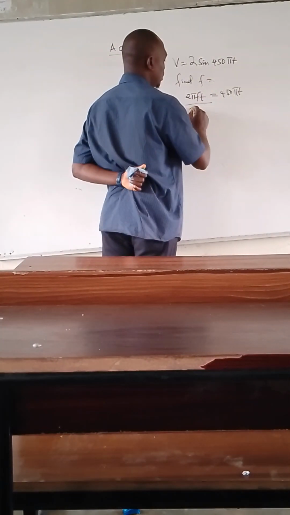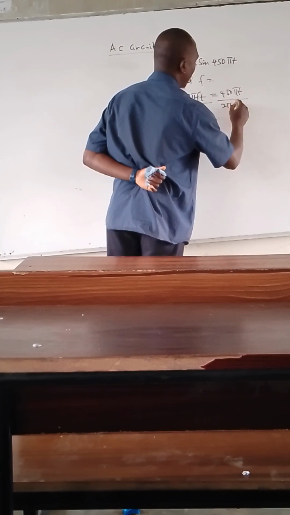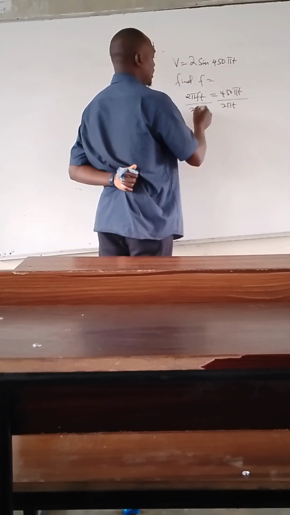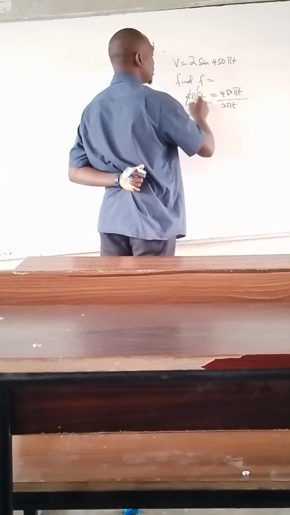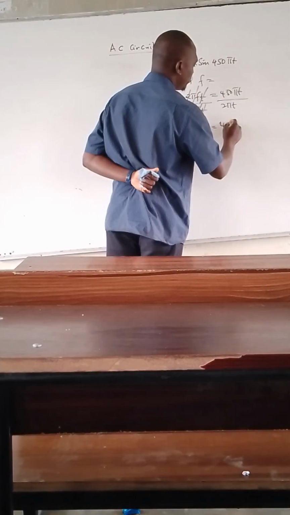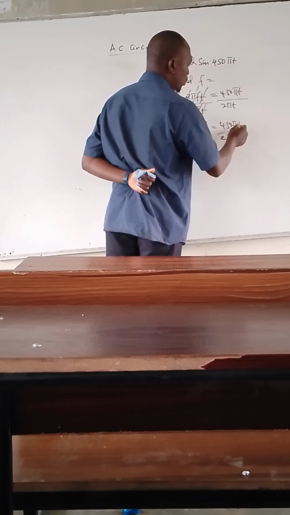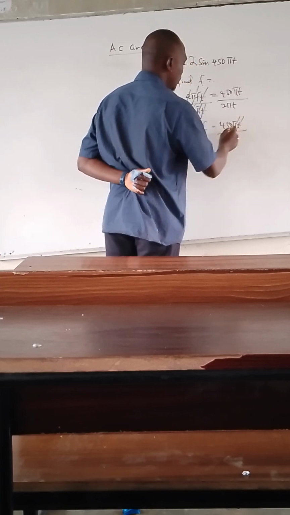Divide both sides by 2 pi t. Automatically, 2 cancels 2, pi cancels pi, t cancels t. We have f equals 450 pi t all over 2 pi t. So t cancels t, pi cancels pi.